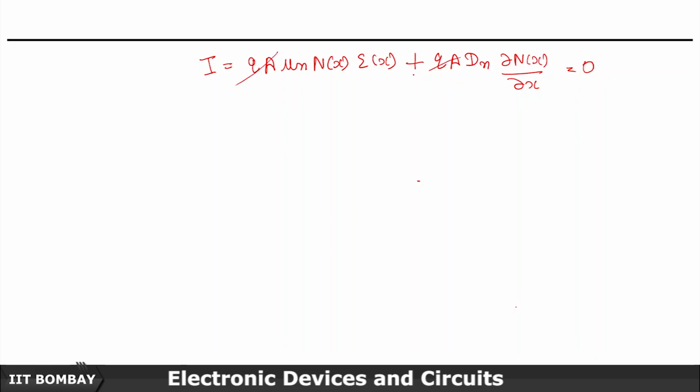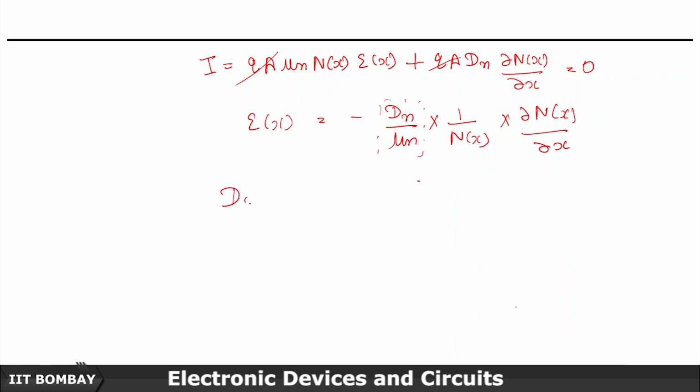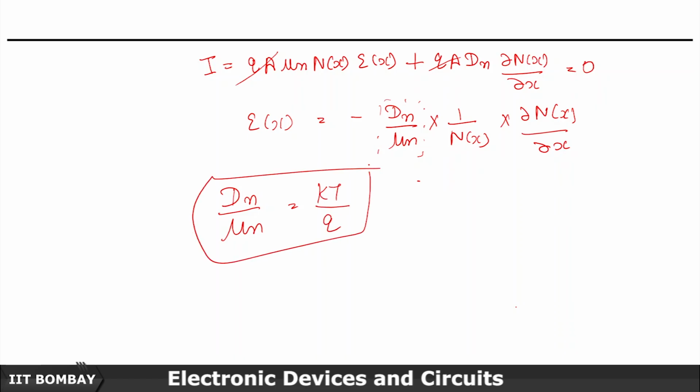You can eliminate QA. So E(x) comes out to be minus D_n divided by mu_n, into 1 by n(x), the derivative of n(x). If you recall the previous lectures, we talked about this expression: D_n by mu_n is equal to kT by q, the Einstein relation, very simple and straightforward.